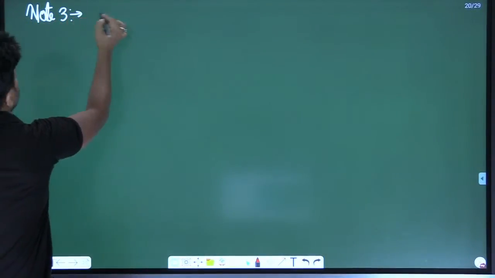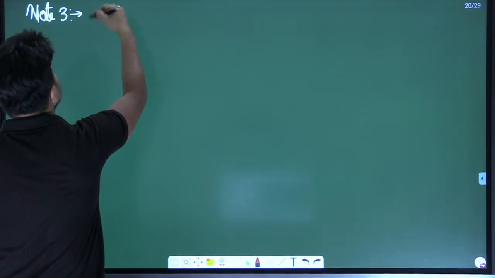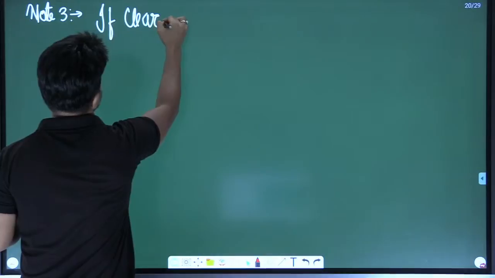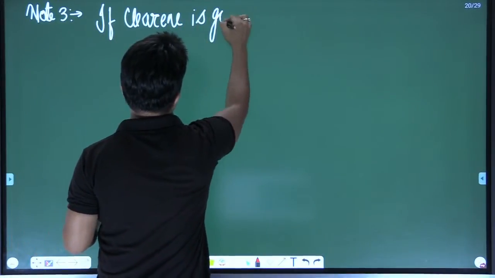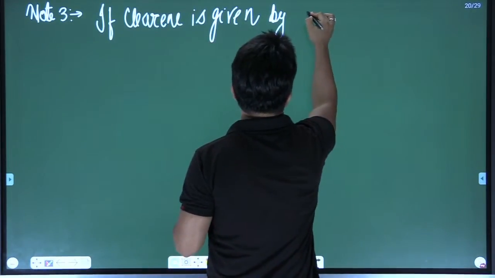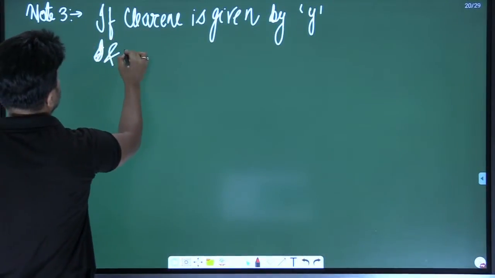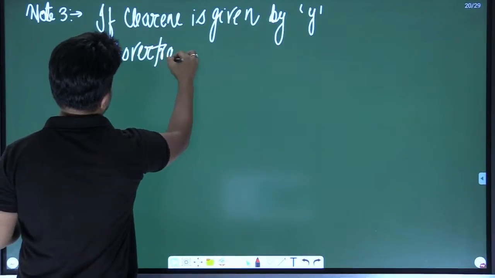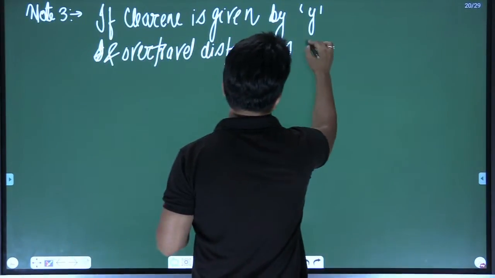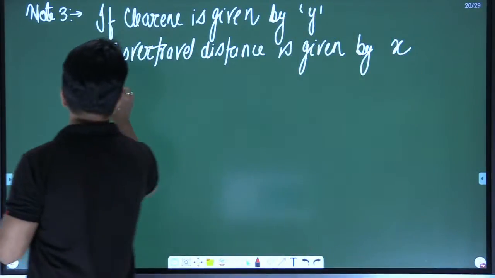Note 3. If clearance is given, let's say clearance is given by y, and the over travel distance is given by, let's say, x, then what is the total length?